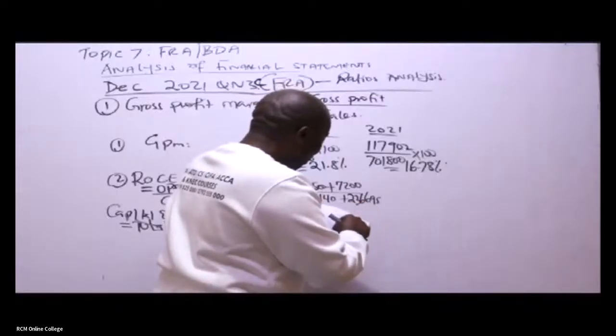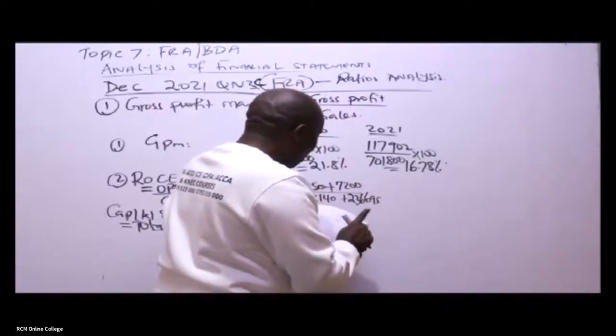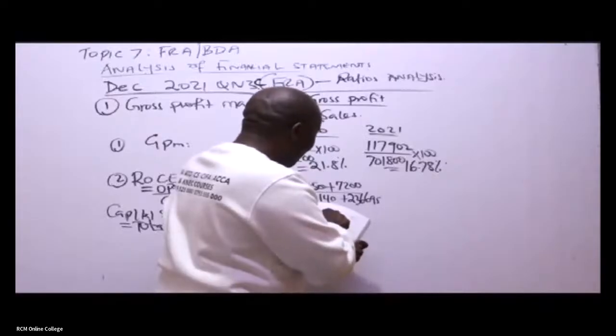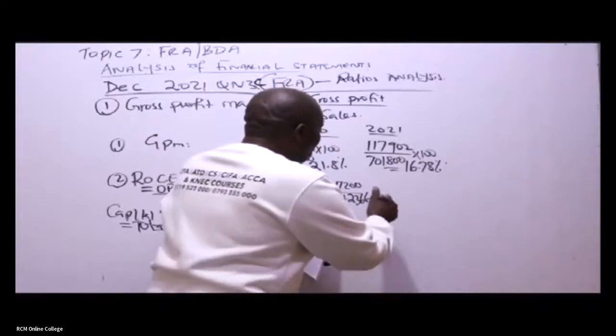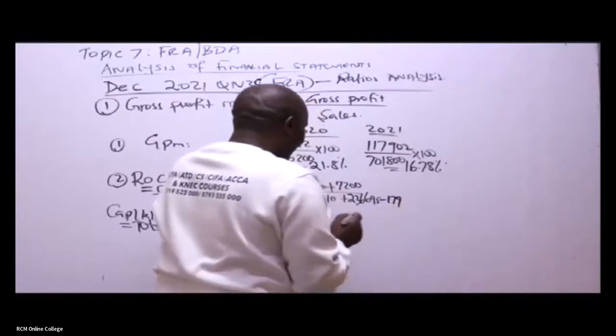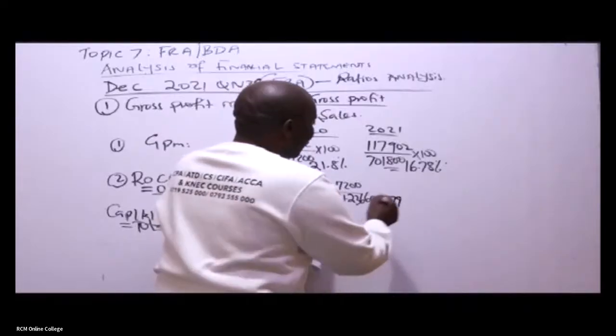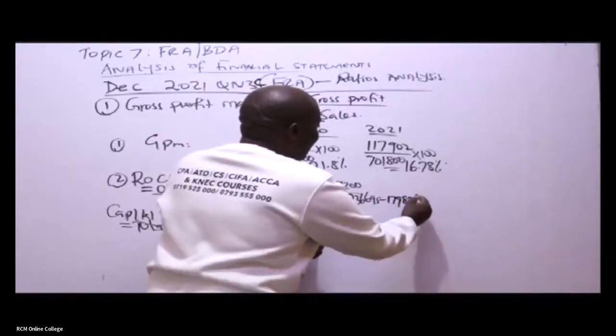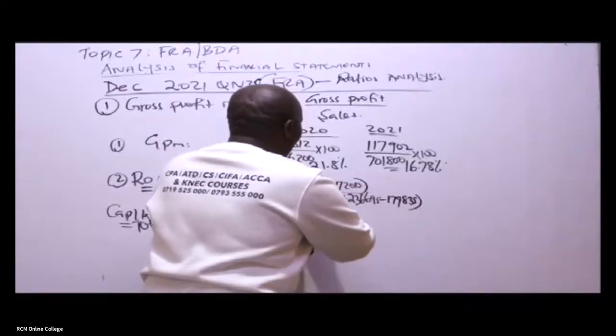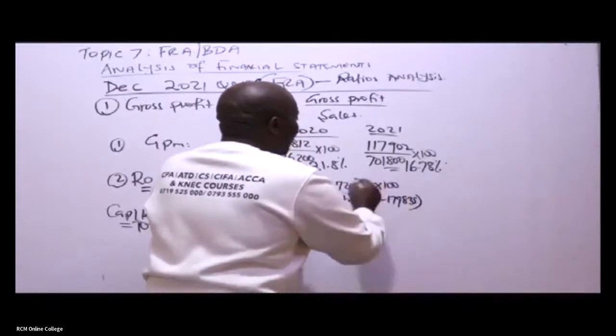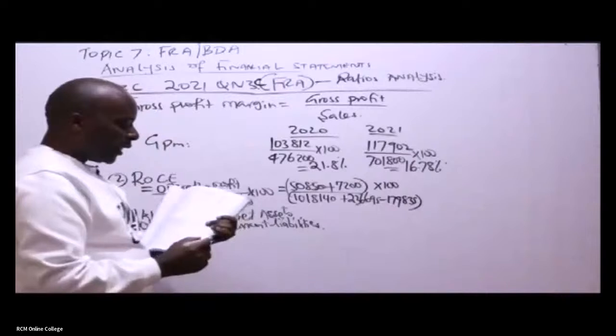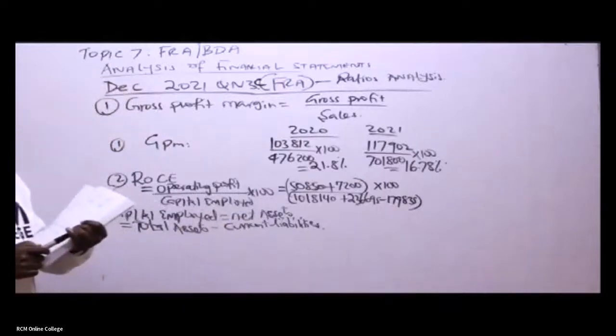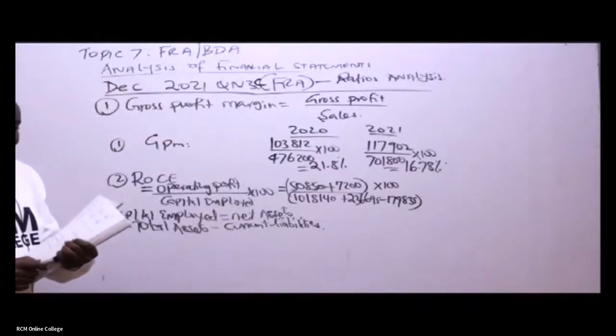Current liabilities for 2020, if you see there are only two, we have trade payables and current tax payable, totaling to 179,835. So whatever you get here, you should be able to come and multiply with 100. You give me the percentage. As I repeat, give me the percentage.